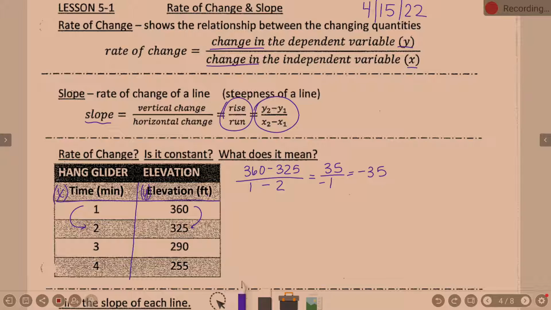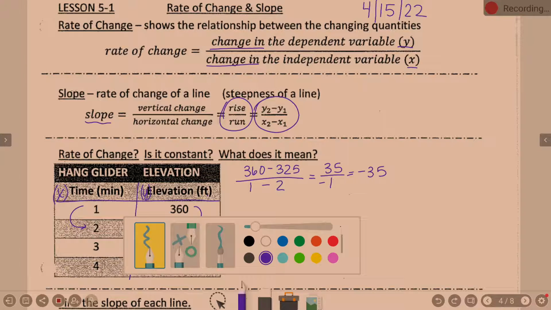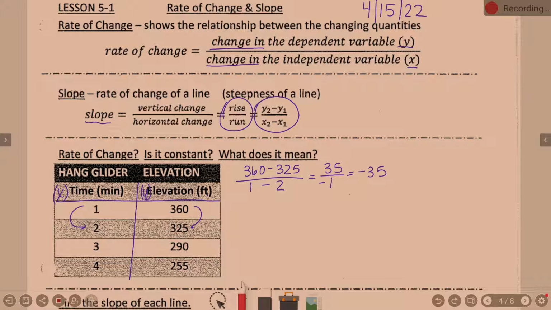If we want to know is it constant, what else do we have to check? We have to keep going, right? We're going to check the others. So now, next I'm going to do 325 to 290 and 2 to 3.